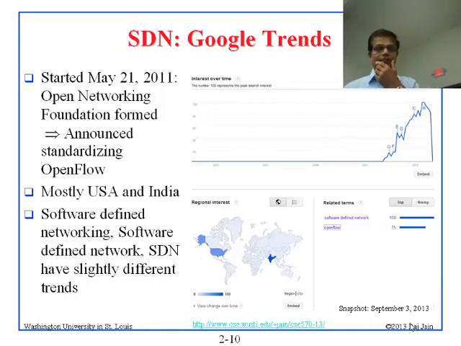software defined networking. Now, software defined networking started in 2011 kind of things, right? And it's still building up. This is something that is very new and hot. And what happened on that day, actually? If you look at the day it was announced, this started May 21st, 2011.